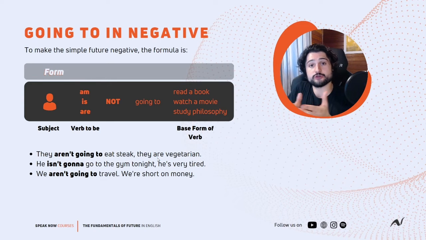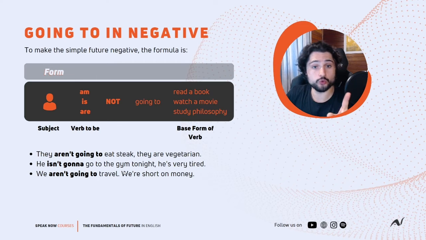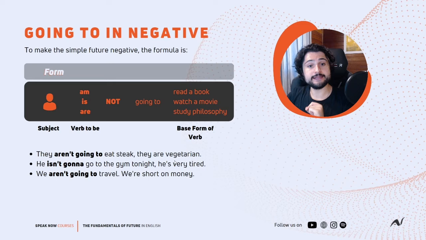Or we could say, if we contract going to, they aren't gonna eat steak. They are vegetarian. He isn't gonna go to the gym tonight. So he isn't going to go to the gym tonight. He's very tired. And then lastly, we aren't going to travel. We are short on money.